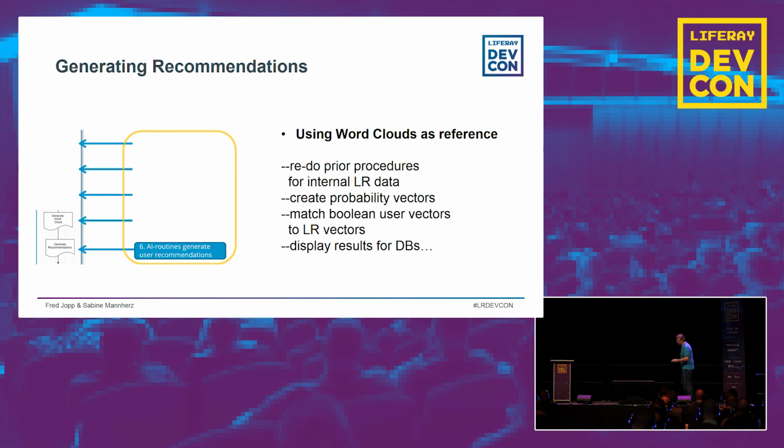And then we display the results for the databases. For disclosure reasons, I cannot show you that database that we are working on, because the customer probably would not be too happy about that.